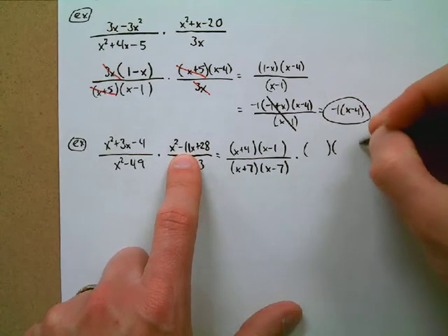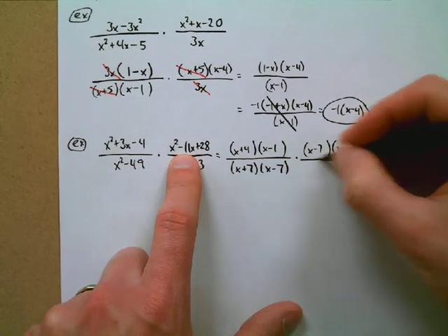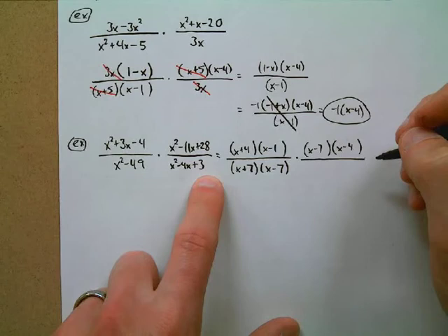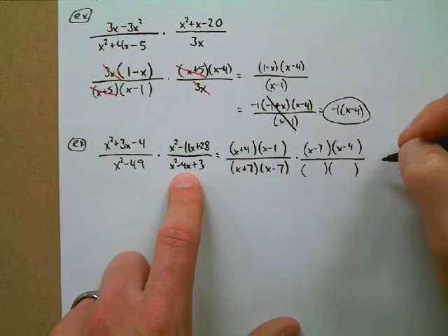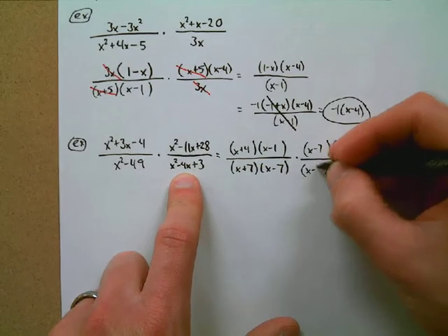Yep, 7 and 4. Minus 7, minus 4. Okay, and then denominator here, two numbers that multiply to 3 but add to make negative 4. Yeah, negative 3, negative 1. X minus 3, x minus 1.